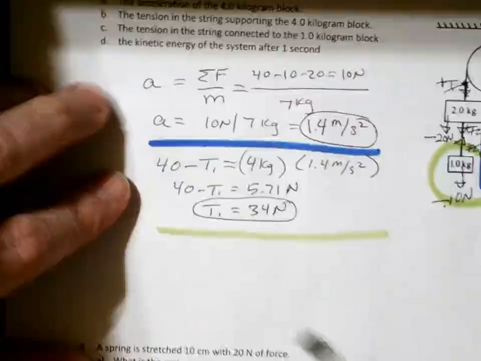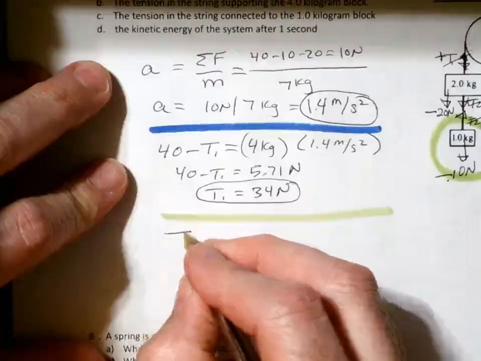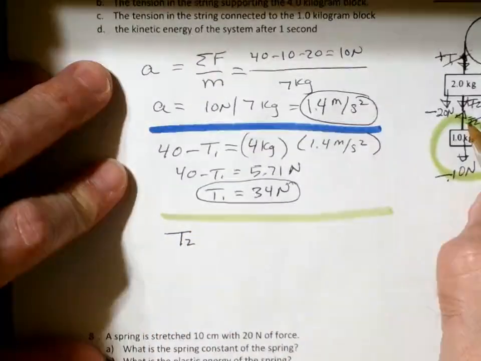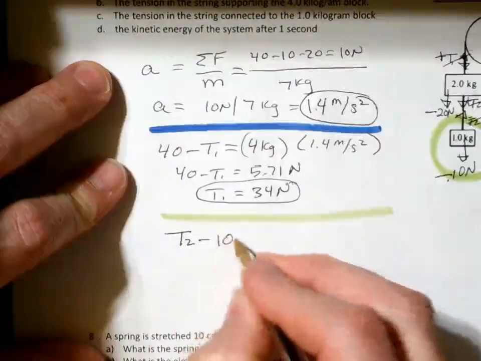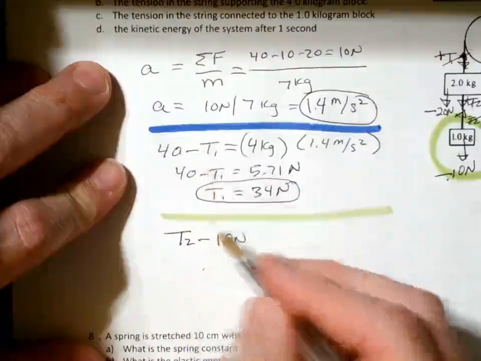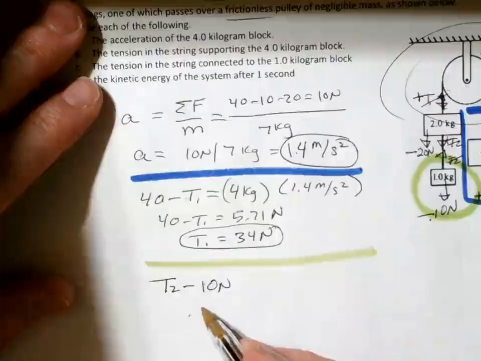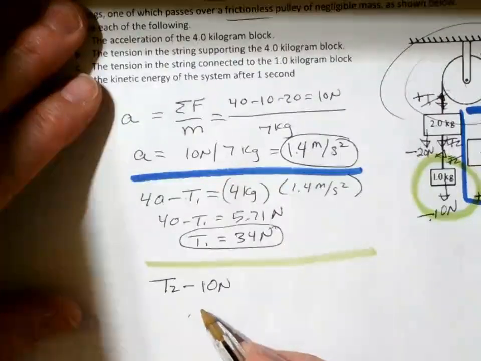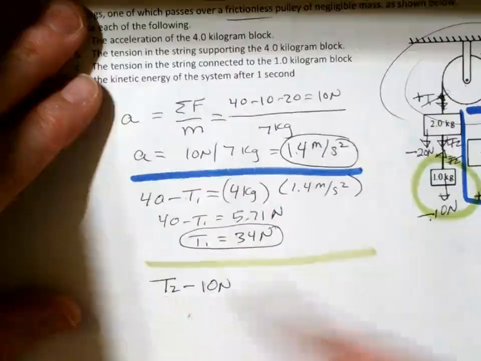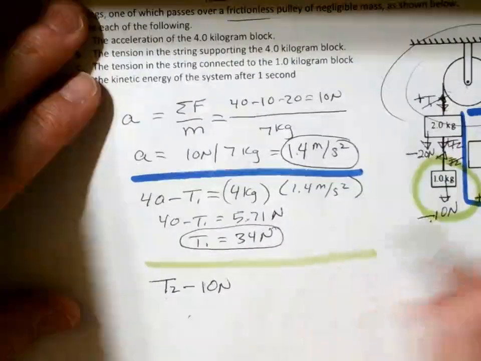And again, now it's important to make sure that we write positive tension minus 10 newtons. See how it's different? Because of the signs that we established at the beginning of the problem. We can't just change them willy-nilly because of how we feel about it. We have to keep the signs consistent throughout the whole problem.